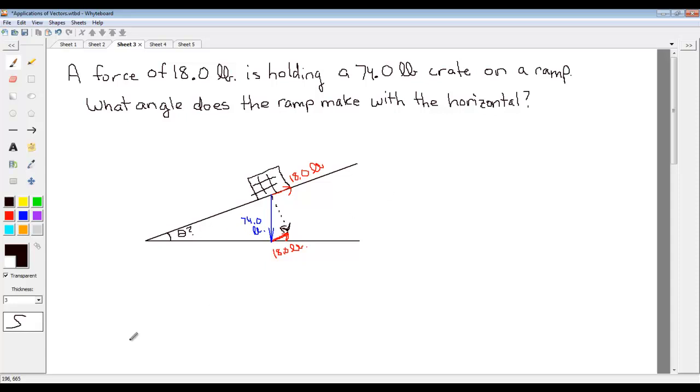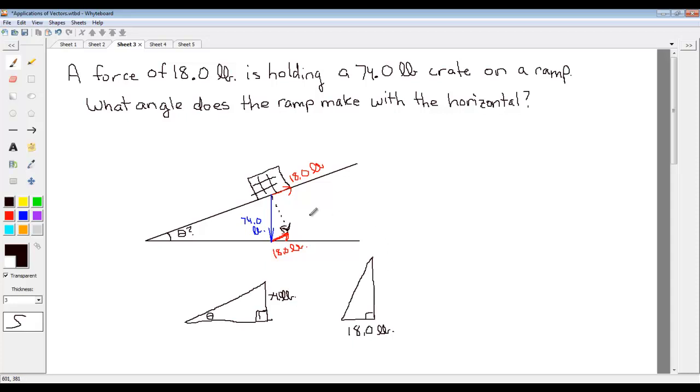Alright, so we are once again dealing with some similar triangles. So we've got theta here, and we've got 74 pounds here, and then this is a right angle. Then let me redraw that triangle like this. We've got 18.0 pounds here, 74.0.